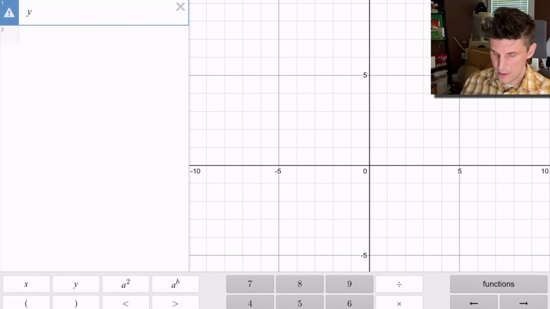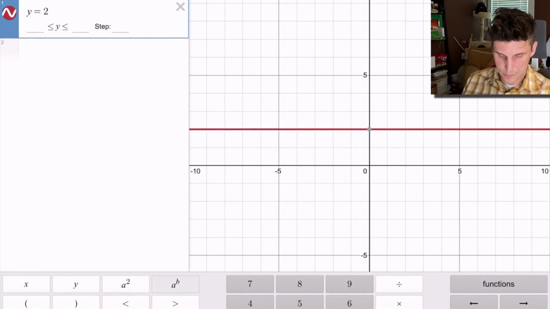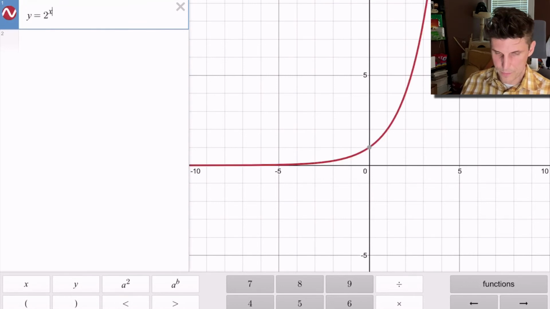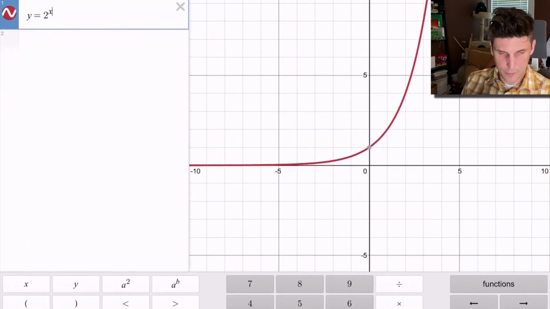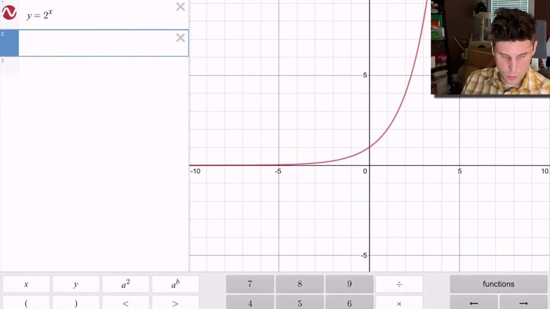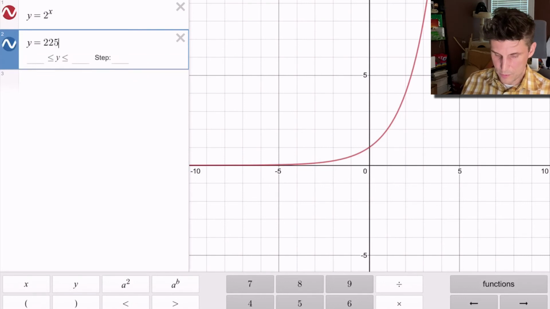One, y equals 2 to the x power, and then we're also going to graph y equals 2250, because I want to know when my exponential function actually intersects or reaches the value 2250.